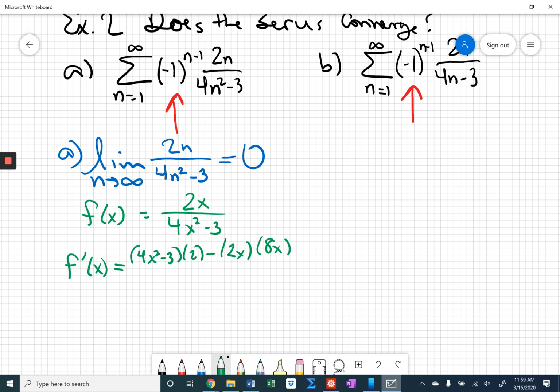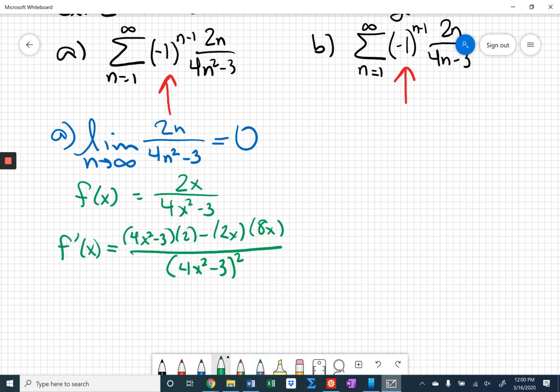Now, typically what we want to do at this point, if we were doing all the rigorous calculus that we would need, is figure out where this is undefined, where this is equal to 0, set up our intervals, and then run some tests. But I'm going to be a little more clever than that, I hope.